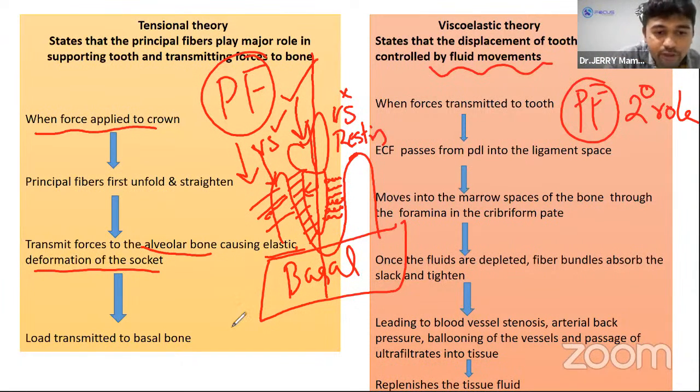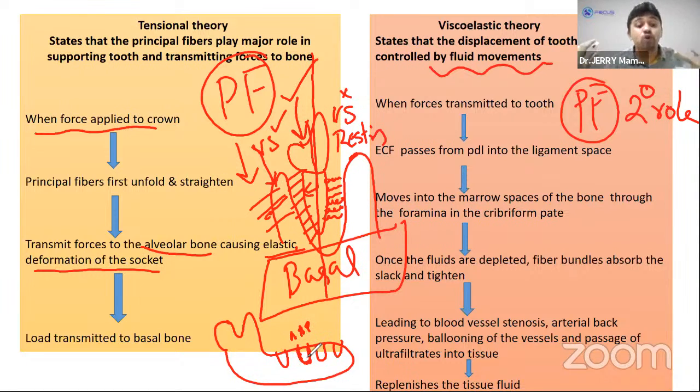So if I draw the mandible for you to understand, if I draw the mandible like this, each of these forms the alveolar sockets, and that forms the alveolar bone proper. So first the force is taken up by this part of the bone, but if it is too much, what happens? The load is then transmitted from here into the surrounding basal bone, and the basal bone takes up the force.